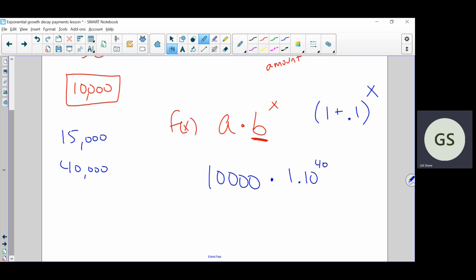I said 25,000. Any other guesses? 400,000. Somebody just said, I'm going to go high because I know it's supposed to be a high number. Any other guesses? So you think from $10,000 we're going to have $400,000?